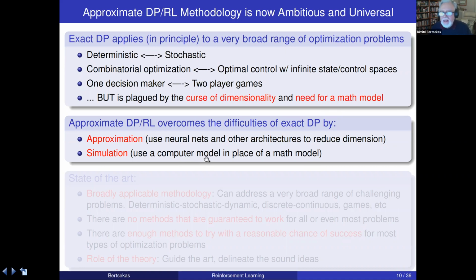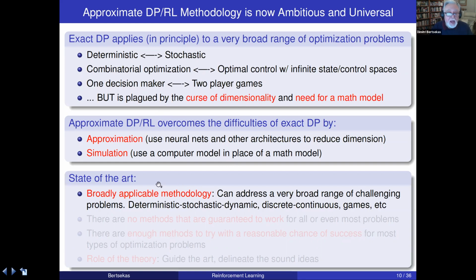Of course, a computer model implements a mathematical model, but it can implement very complicated models that would be very difficult to write down. A computer model may contain so many equations that you would need something like a phone book to describe it mathematically. So being able to use a computer model in simulation was a major new idea that was contributed by artificial intelligence and reinforcement learning to this overall landscape.